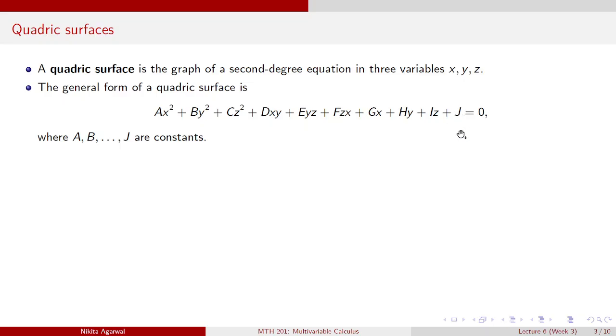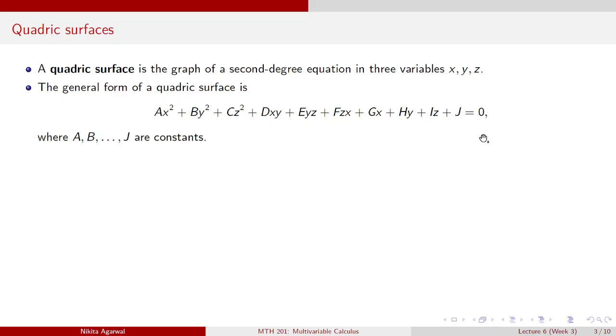You have seen a polynomial of degree 2 in one variable. You should think of this as a polynomial of degree 2 in three variables now, and I'm writing it as an equation.